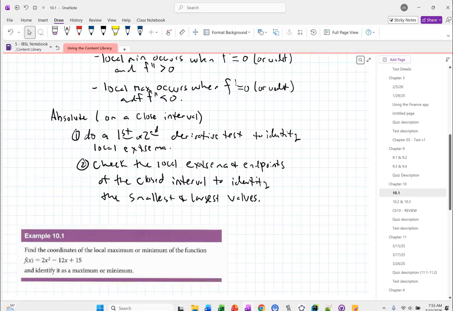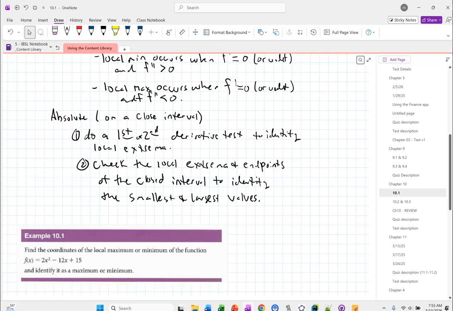And then all I do is I perform my first and second derivative test, find all the local maxima or minima, and then I check the values of those local maxima and minima and the endpoints of the function. The highest or the biggest y value I get is the absolute maximum, and the smallest y value I get is the absolute minimum.